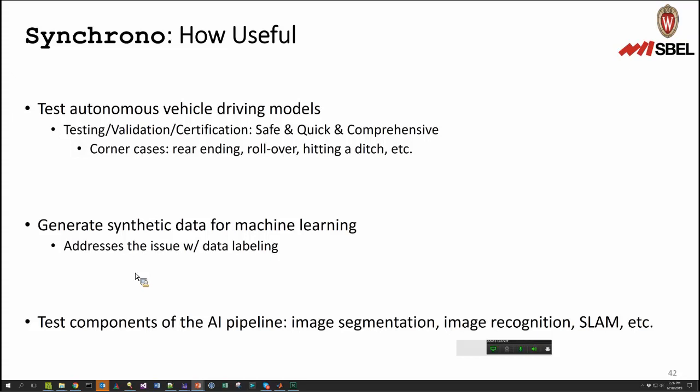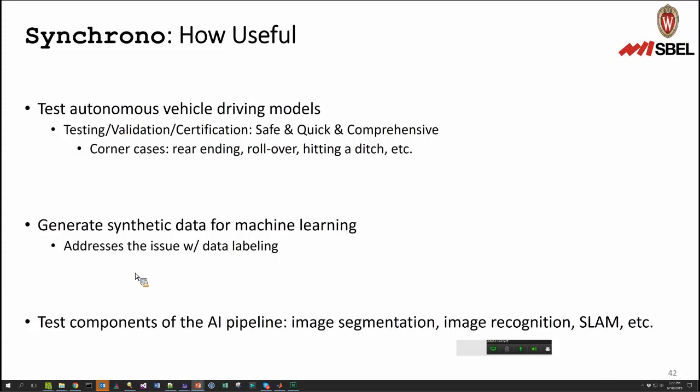Another very attractive thing is that you can use simulation to generate synthetic data for machine learning. The highlight here is that you can label data because you know all the assets in the simulation. So if you use supervised machine learning, this comes in very handy. And finally, we are about to start using these in an artificial intelligence pipeline.